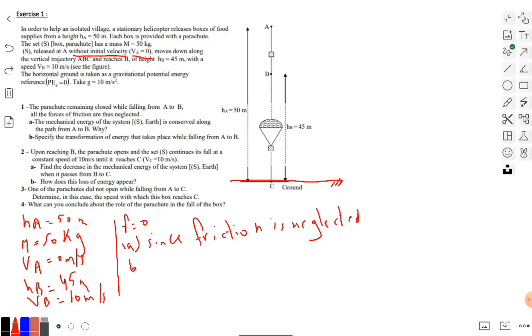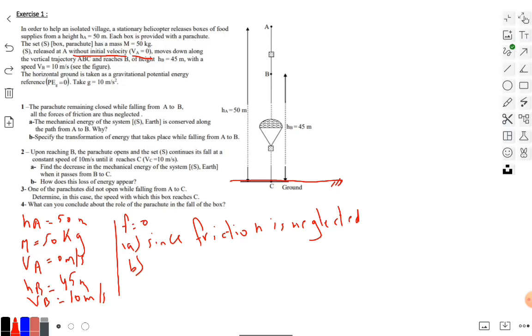Part B. Specify the transformation of energy that takes place while falling from A to B. The potential energy is transformed into kinetic energy, since from A to B the height decreases, so the kinetic energy increases.